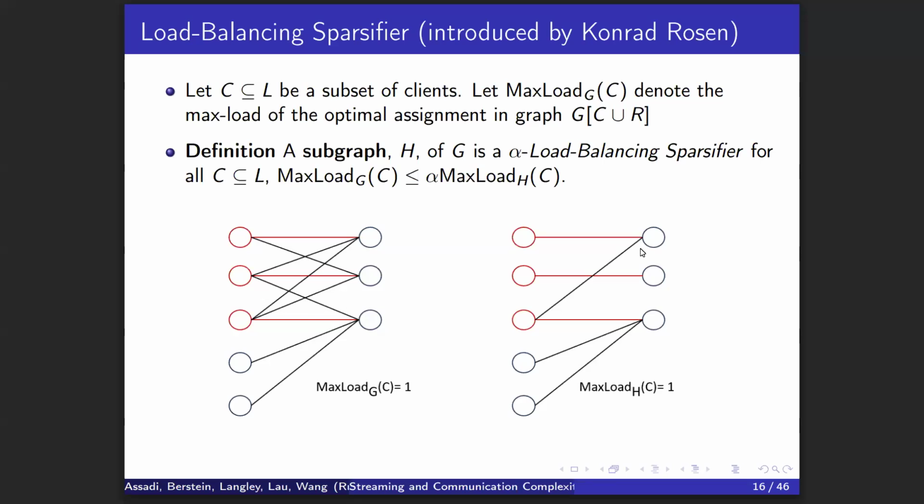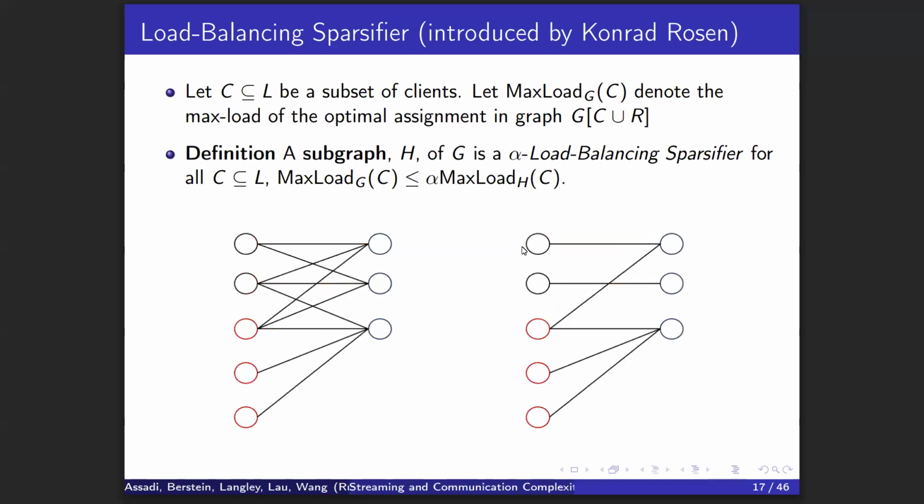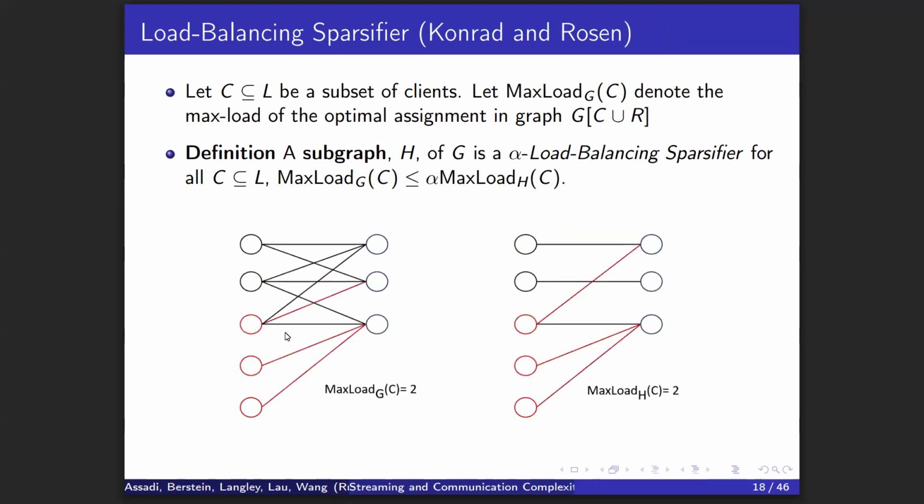And in this sparsifier graph, because these matching edges are preserved, I still have a max load of 1 with this C. Similarly, in here, if I take C to be this set of 3 clients, then the max load is 2, because any assignment of these requires these two edges to map to the same vertex on the right side. And as you can see in this sparsifier graph, I also have the max load being 2 because these edges are preserved.